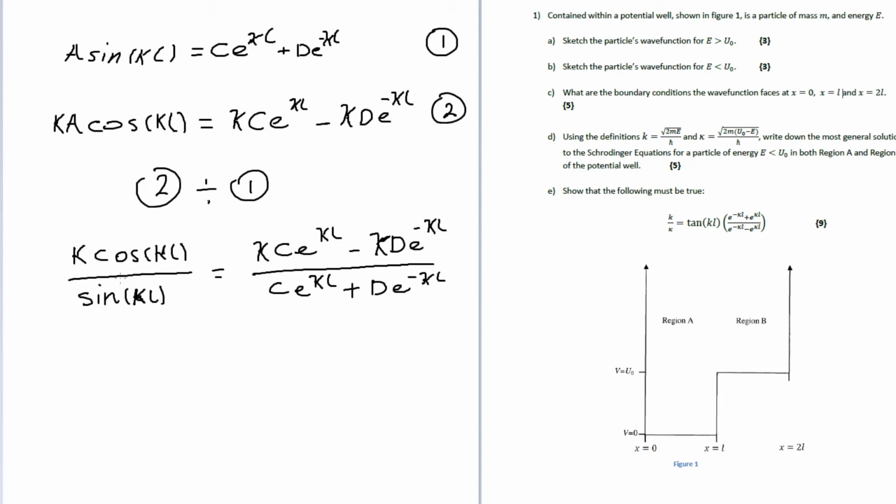So we have 1 over tan here, which we can move to our right hand side, and our kappa can come over to our left.